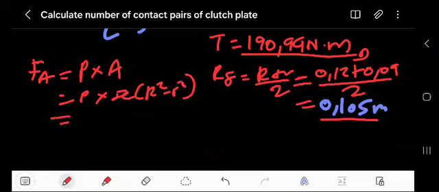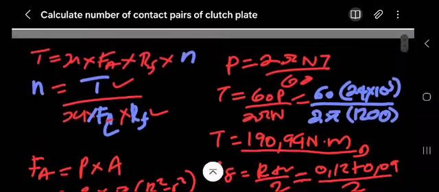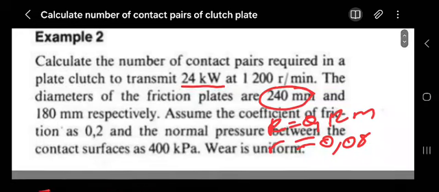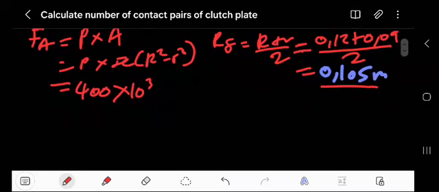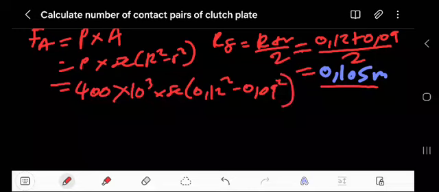The pressure, which we're given, is 400 times 10 to the power of 3.